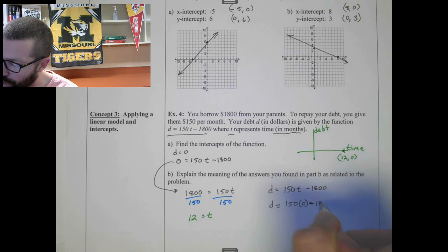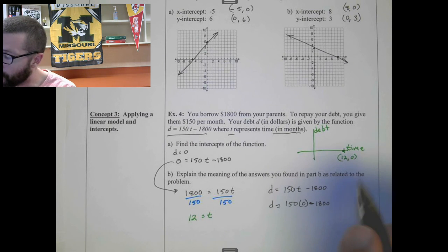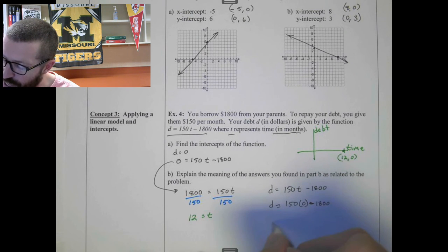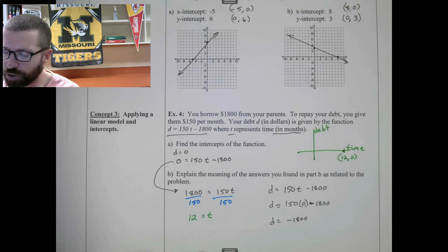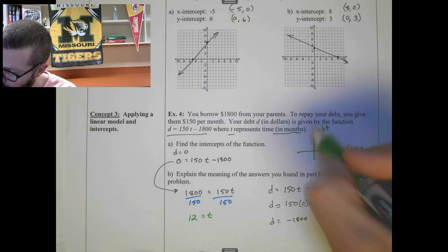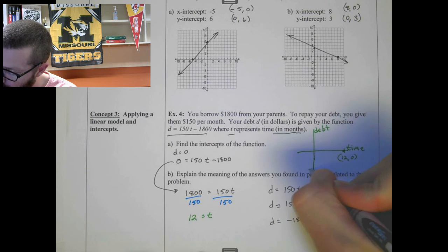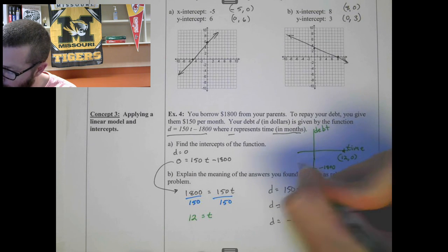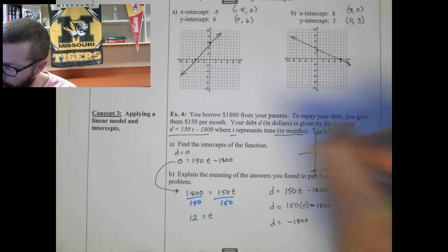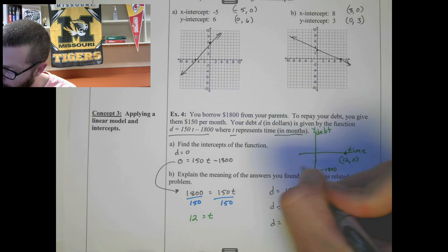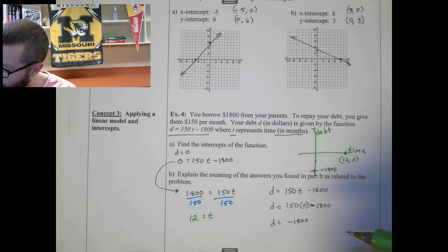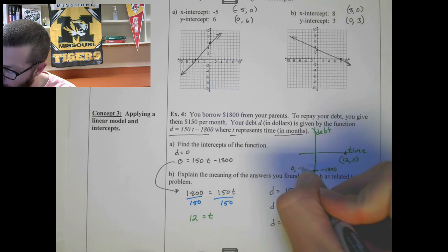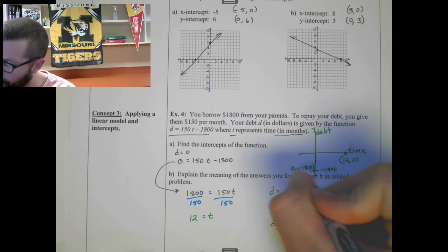And the amount you owe is negative $1,800. So that's down here somewhere. We'll put it right down there. And this would be your D-intercept or your Y-intercept if you want to stick with that. So let's do 0, negative 1,800.